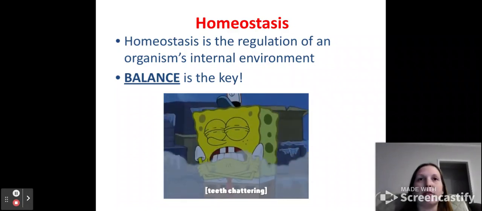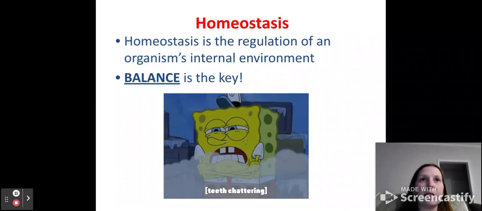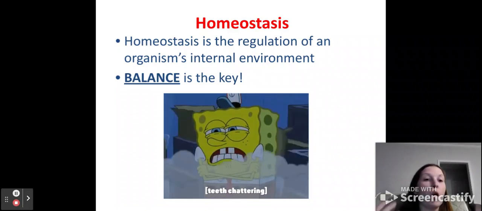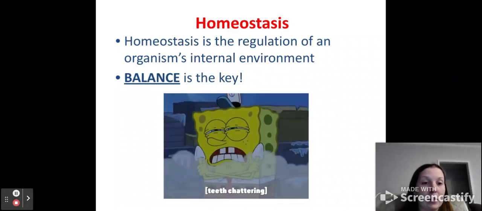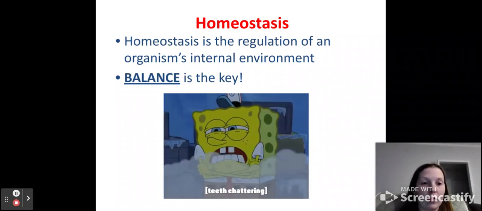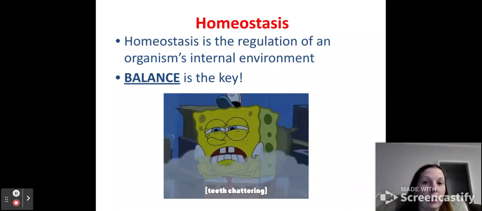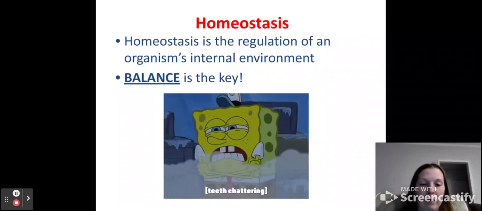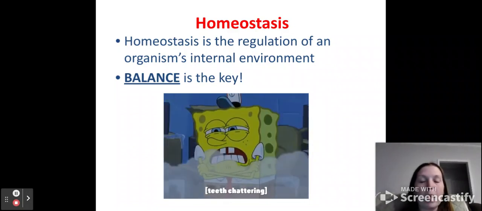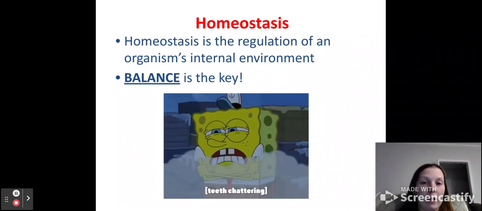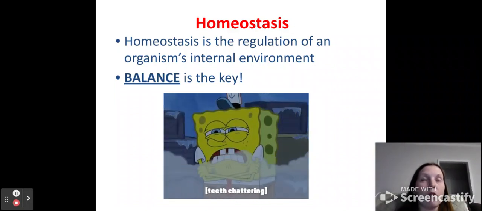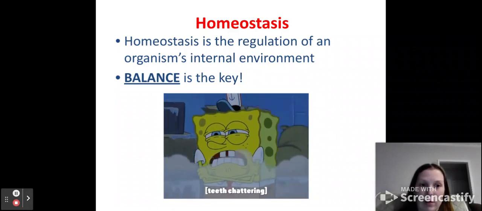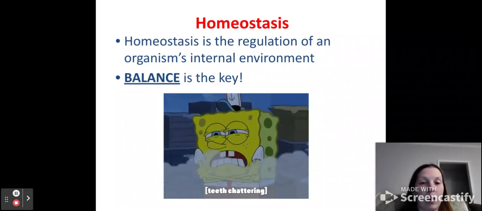If you ever have, for instance, an ulcer in your stomach, it's because the stomach acid has gotten too concentrated in your stomach. Now, that's not at homeostasis. It's allowing interactions to occur that shouldn't occur. So we are looking for balance here. Balance is key. And your body will react, again, response, to go back to homeostasis.